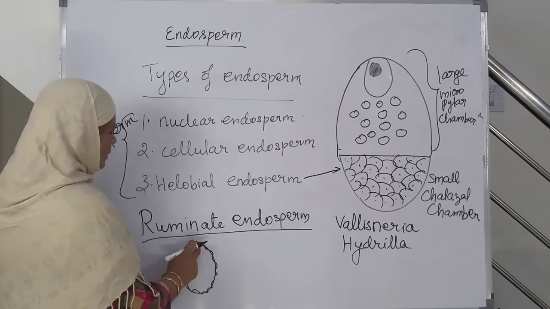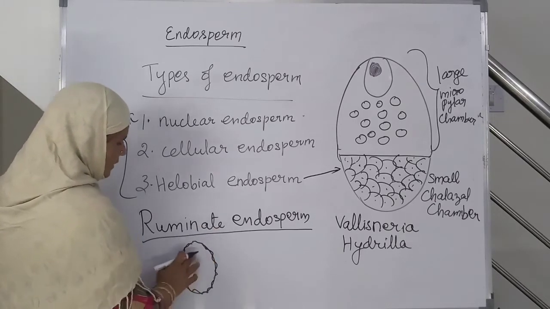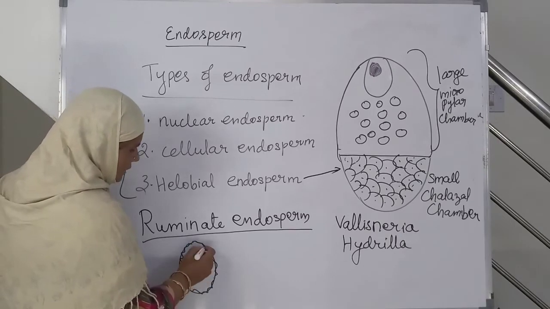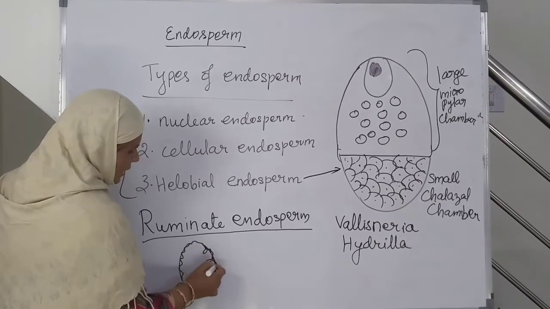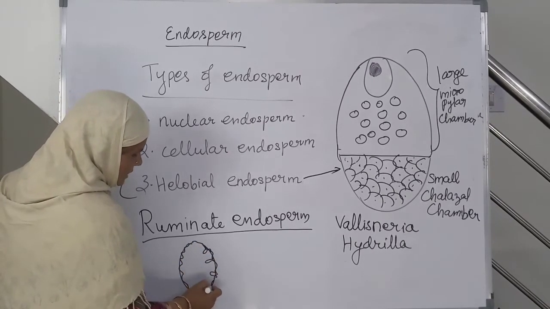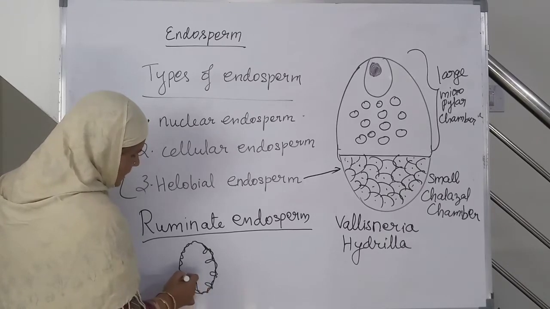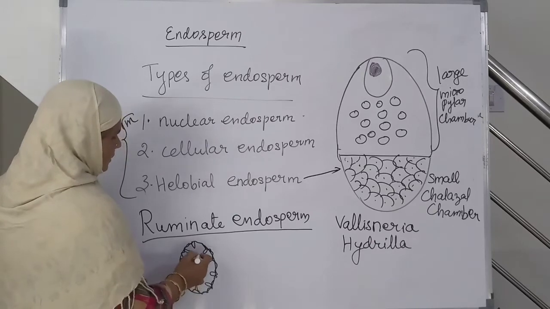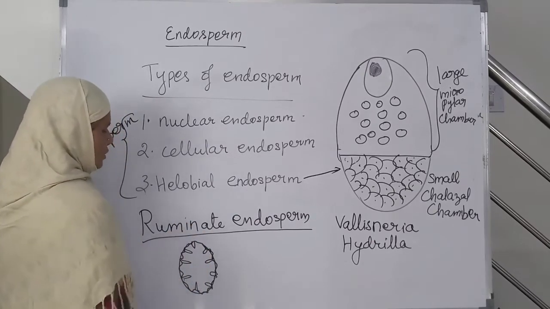That is why it is called ruminate endosperm.